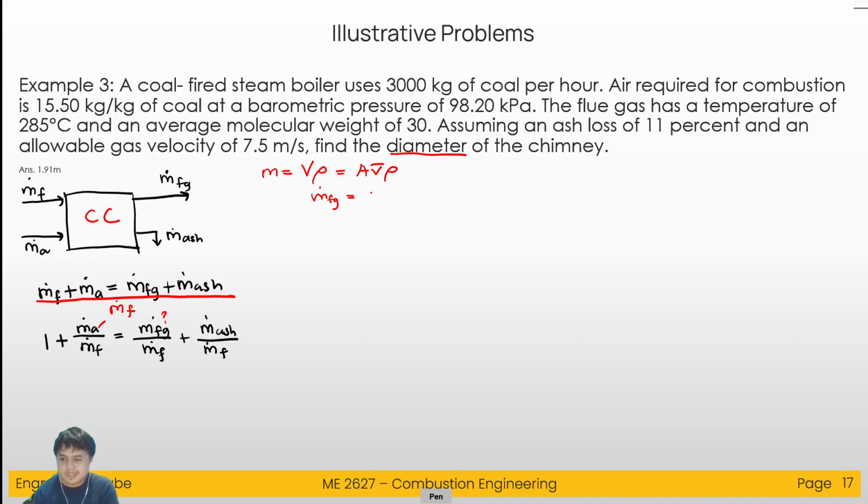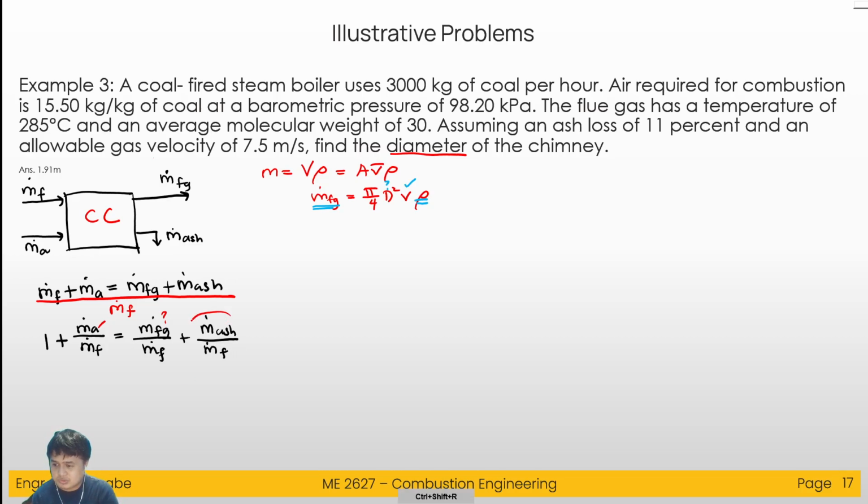The mass of the flue gas equals the area, which is pi over 4 D squared, times the velocity and then the density. So we need to find the density and the mass of the flue gas.